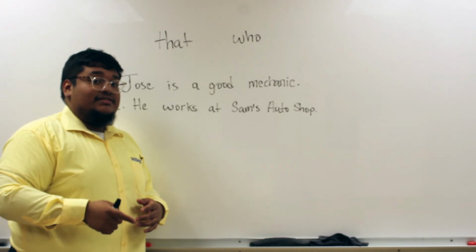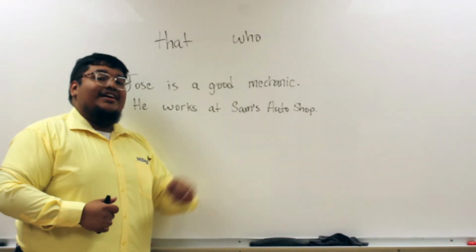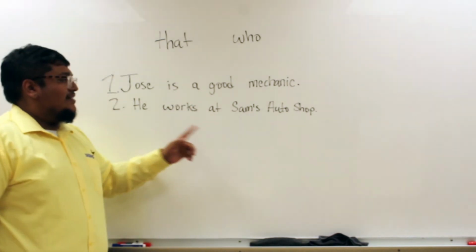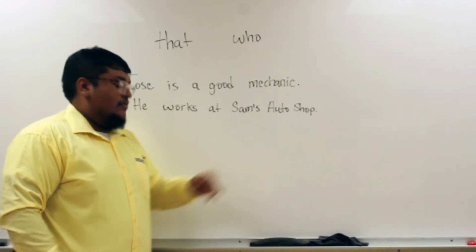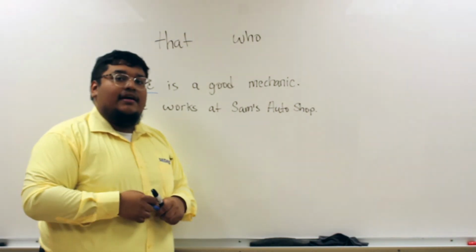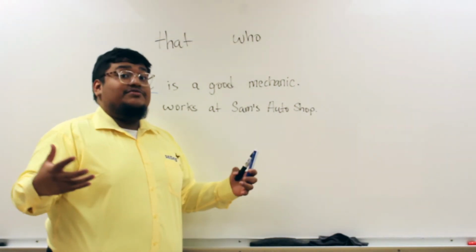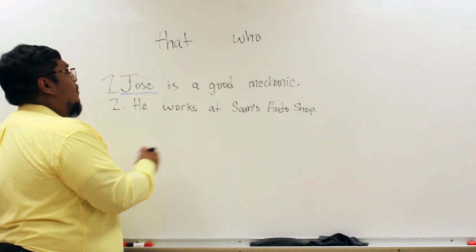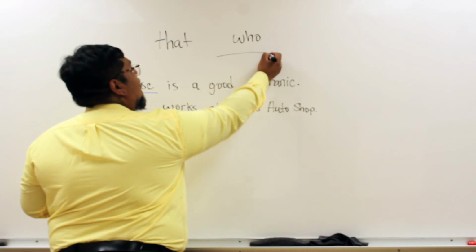He works at Sam's auto shop. Perfect. So, who works at Sam's auto shop? That's right. Jose. Okay? So is Jose a thing, an object, or is he a person? He's a person. So what word are we going to be using? Who.